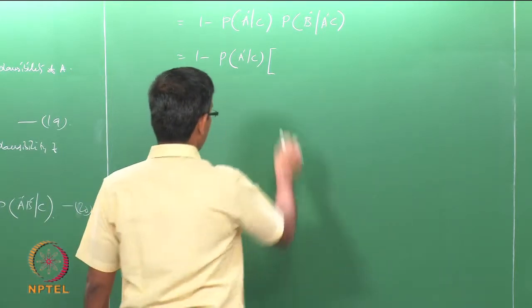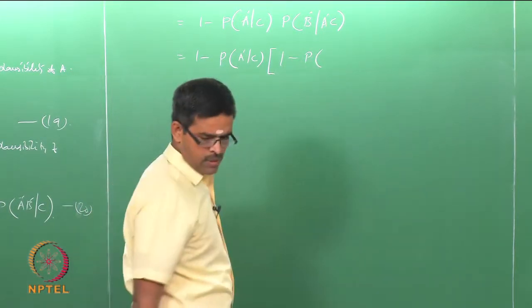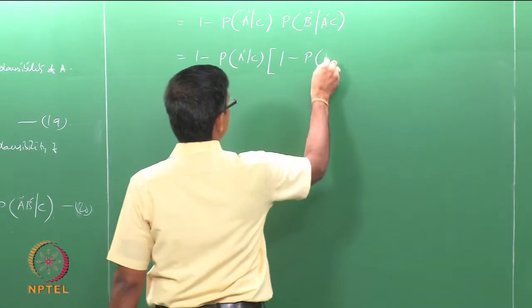I am saying it is 1 minus probability of B hat given A hat C.